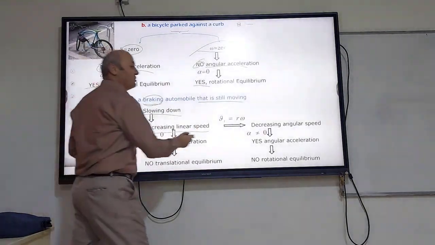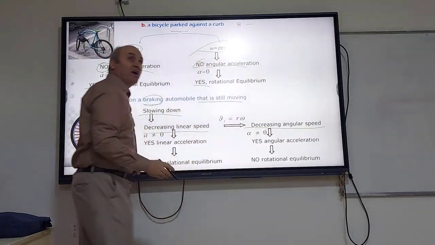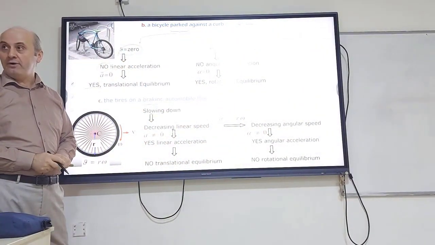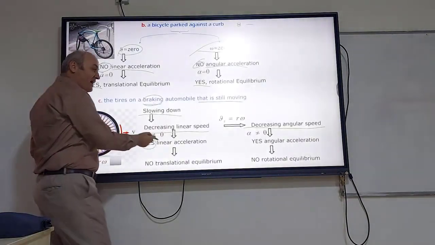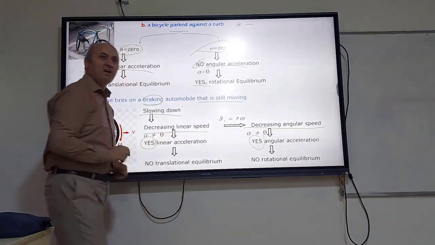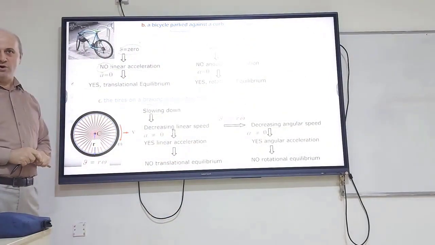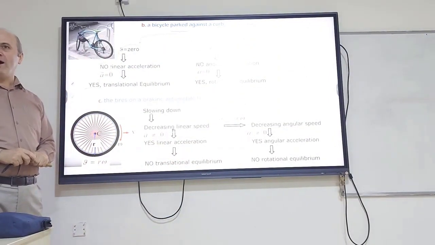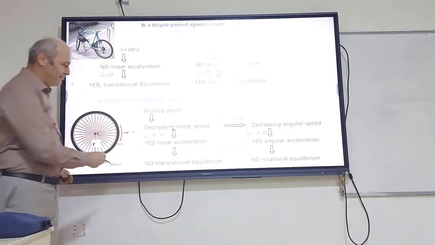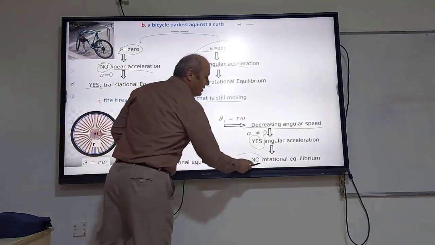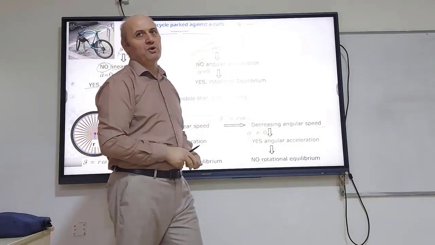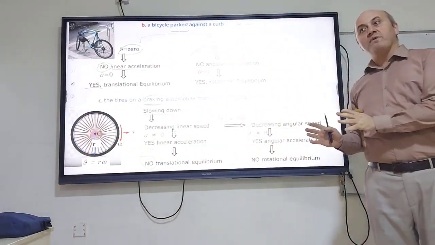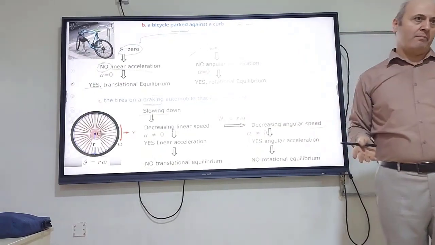Angular speed is decreasing, linear speed is decreasing. So in this case, accelerations cannot be zero. If accelerations are yes, equilibriums are no. What did I say? For a rolling object, both are yes or both are no. In a rolling object we don't have yes-no conditions. So both equilibriums hold or none of them holds.